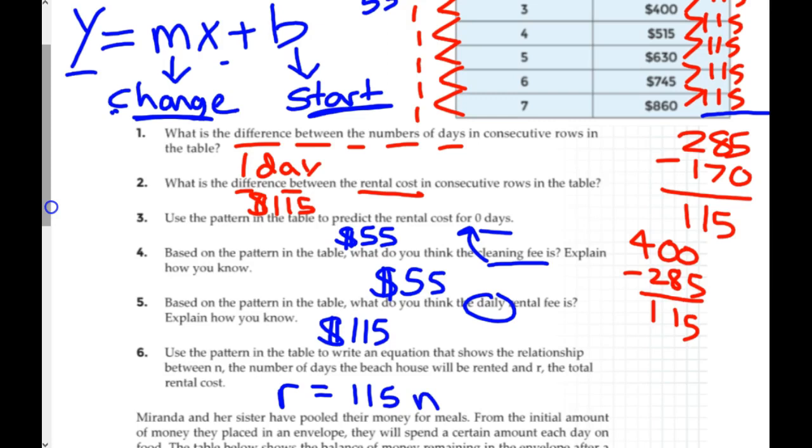So that's kind of like mx plus, and what's my b? What's my starting amount at 0? It's the cleaning fee of $55. Okay. So given a table, you can do all that. Find the changes, find the 0 value, write the equation with the change and the 0 value. Okay?